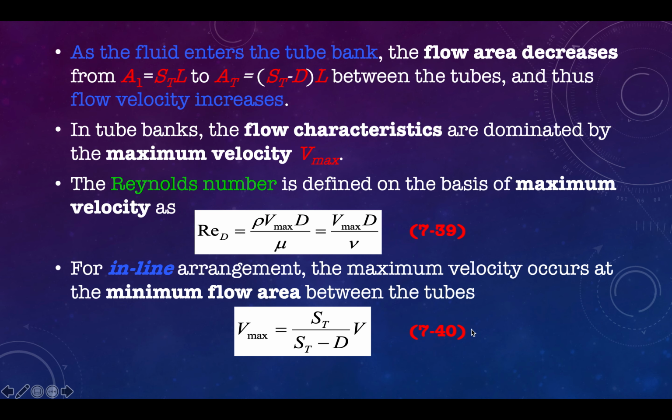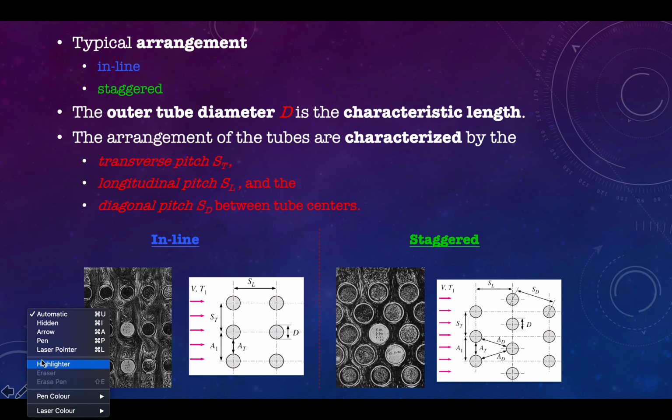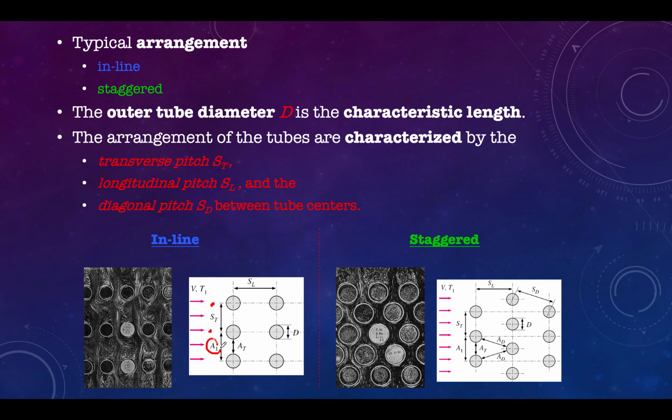As the fluid enters the tube bank, the flow area decreases from A1 to AT. Take a look at this figure for the inline arrangement. We have area AT here, and from here to here is A1.